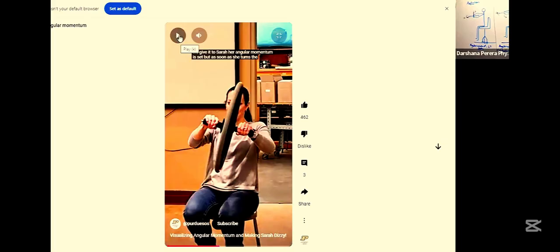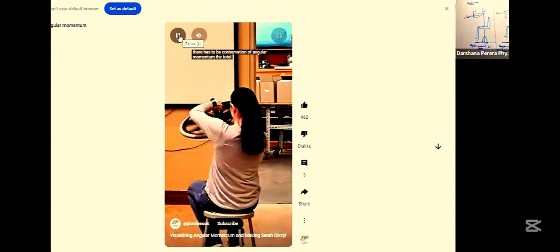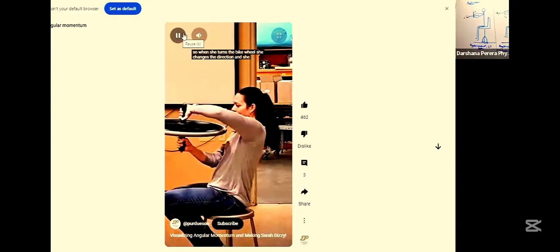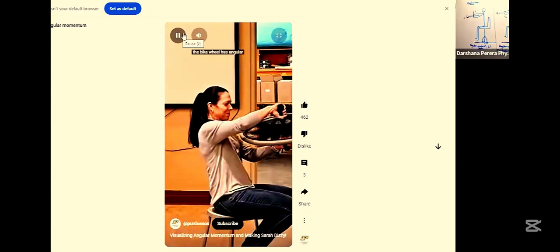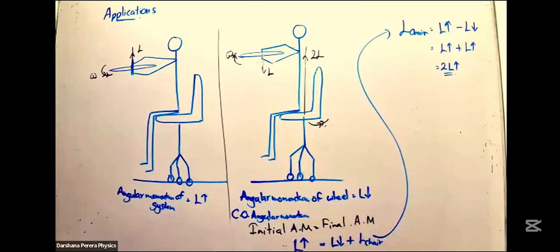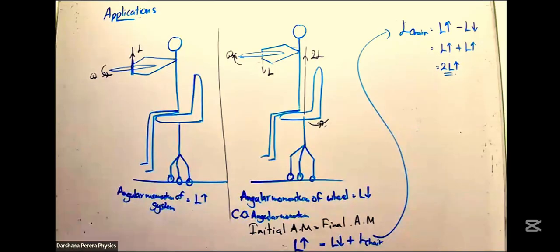The angular momentum should be conserved, so it rotates in the other direction. This is the example which I discussed. Now write down a problem similar to this one.